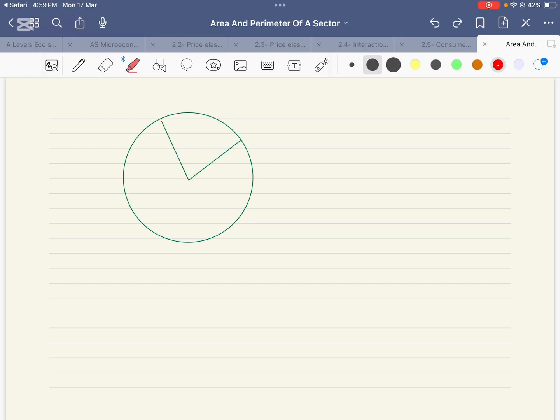Suppose this angle here is 105 degree. The remaining angle will be 360 minus 105, and that angle is definitely bigger than 105. The radius, suppose here, is given 5 centimeter. Now this sector is the minor sector because it has the small angle, and this sector here is the major sector because it has the large angle.